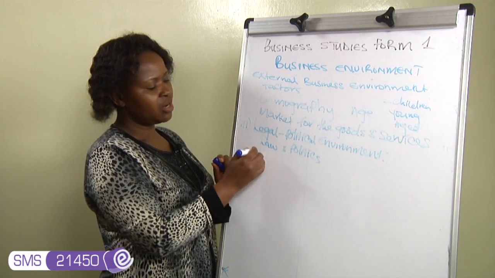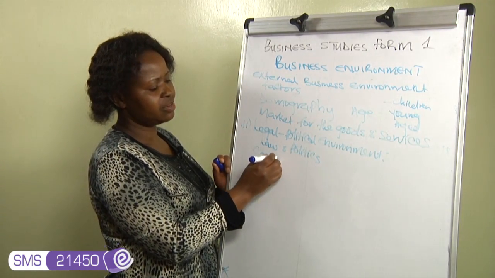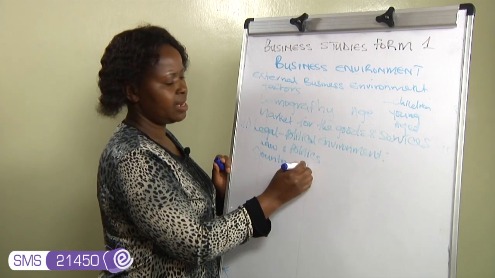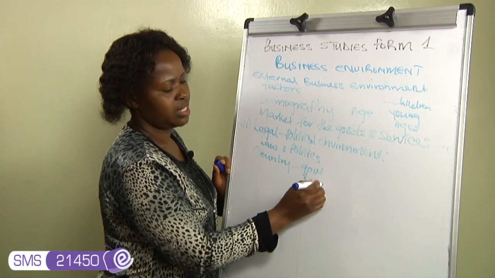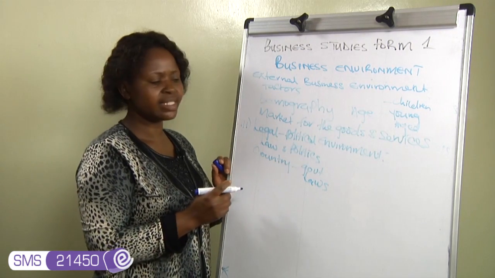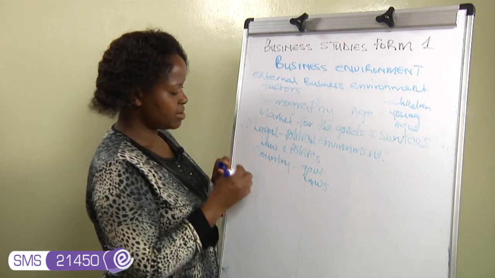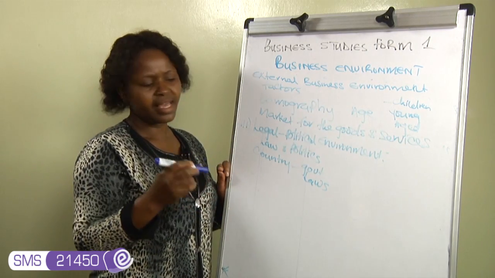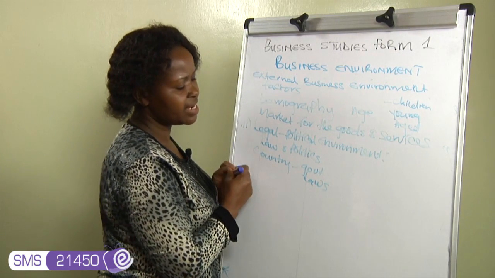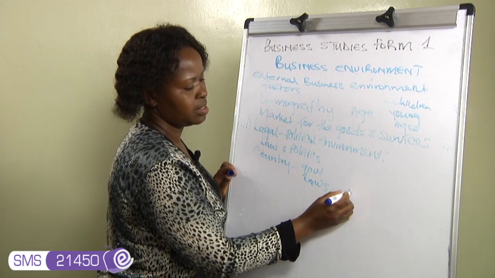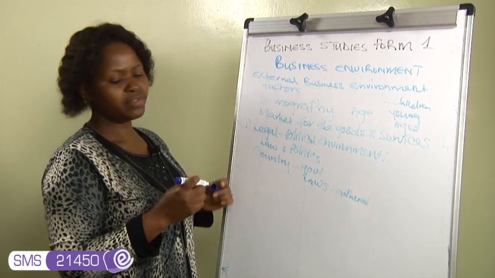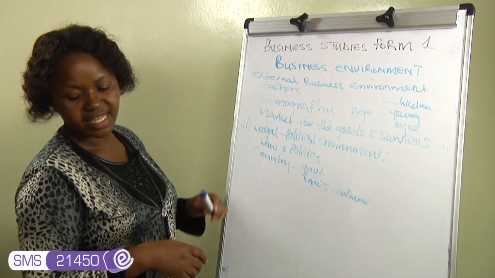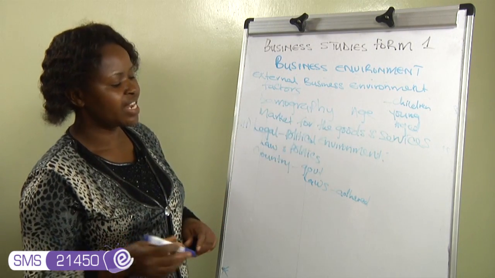Any business operates in a country where there is a government, there are laws, and this will influence the well-being of the business. There are laws that have to be adhered to, and therefore will influence your business either positively or negatively.